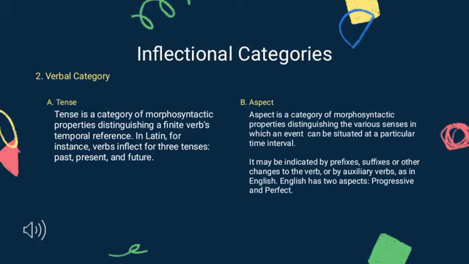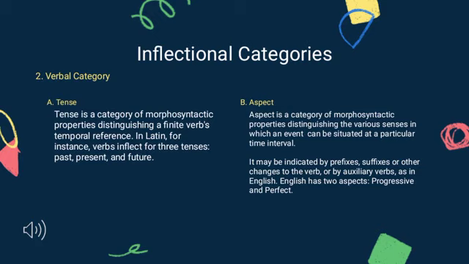The second is aspect. Aspect is a category of morphosyntactic properties distinguishing the various senses in which an event can be situated at a particular time interval. It is a grammatical category which deals with how the event described by a verb is viewed, such as whether it is in progress, habitual, repeated, momentary, and so on.